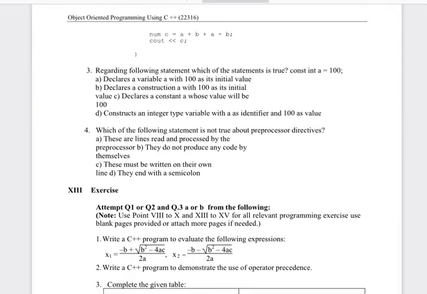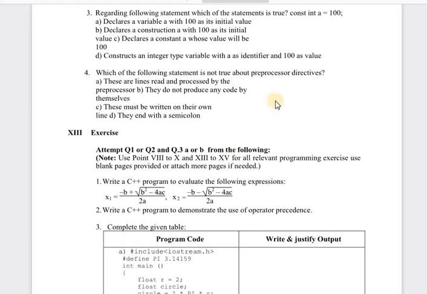Now the fourth: which of the following statements is not true about preprocessor directives? What are preprocessor directives? That is hash include, hash define. These are the preprocessor directives. These are lines read and processed by the preprocessor. It is correct. They do not produce any code by themselves. It is also correct. This must be written on their own lines. That is the initialization of the program; we have to write the preprocessor directive.